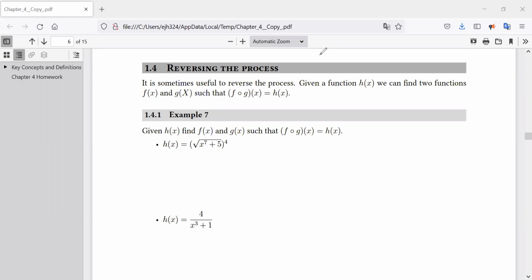But for this one, what are people's thoughts for a natural way to do this? F of x is x to the 4th, and g of x is square root of x to the 7th plus 5. Yes, that is probably the most natural way to do this by far.